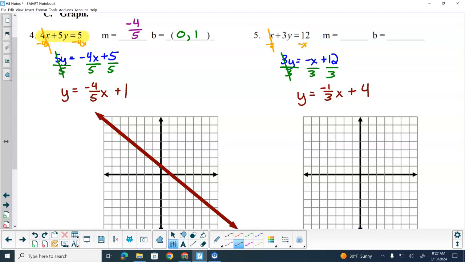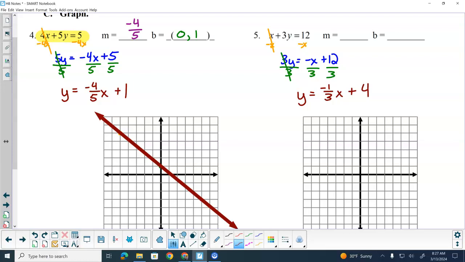So talk to me. What are the two parts to y equals negative 1/3 x plus 4? What's the slope? What's the y-intercept? The two parts. Slope is 1/3.